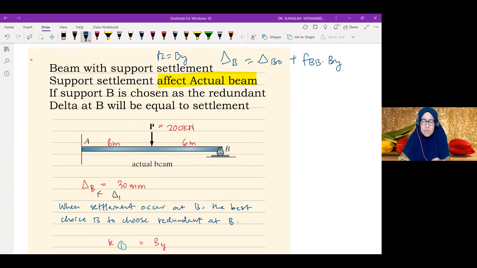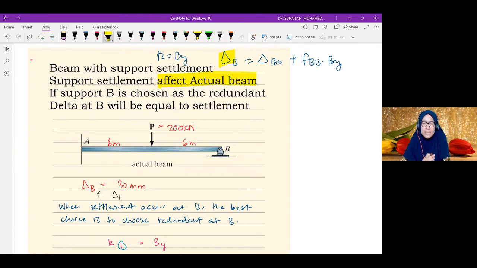So where is the actual beam? Actual beam is delta B. Normally, when we don't have support settlement effect, there is no value for delta B, that is why we write the equation equal to 0.